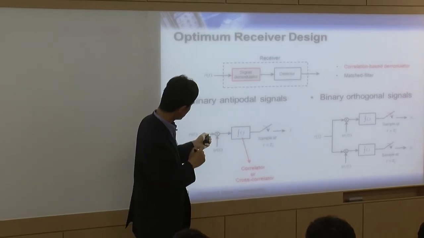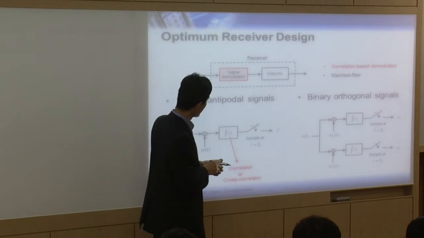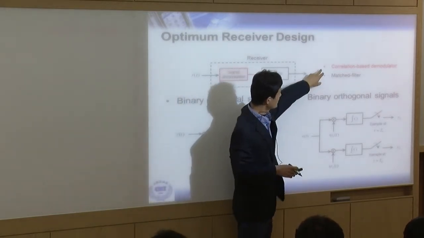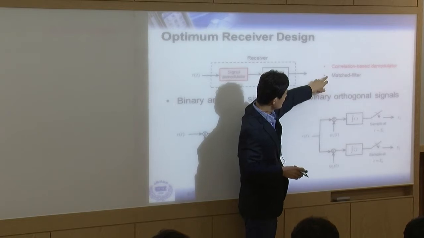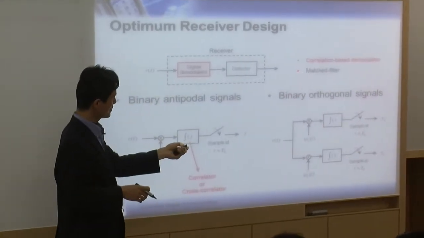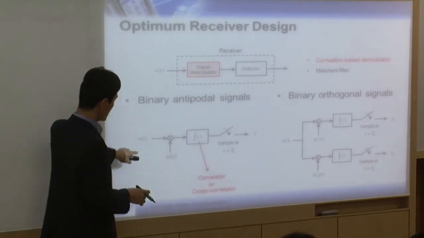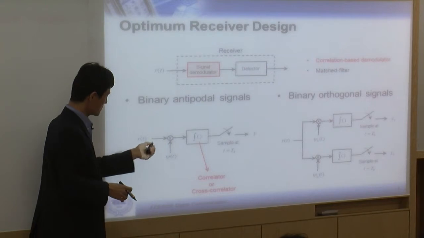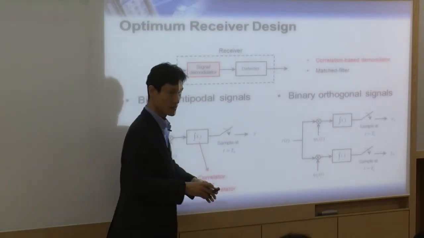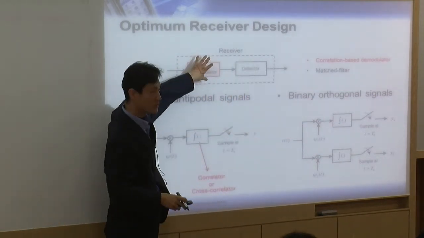That's the goal. So let's look at the inside of the receiver. This receiver can be designed in two different ways. One is the correlation-based demodulator, and the other is the matched filter. And this picture shows you the correlation-based demodulator. This picture right here is a detailed block diagram of this one.